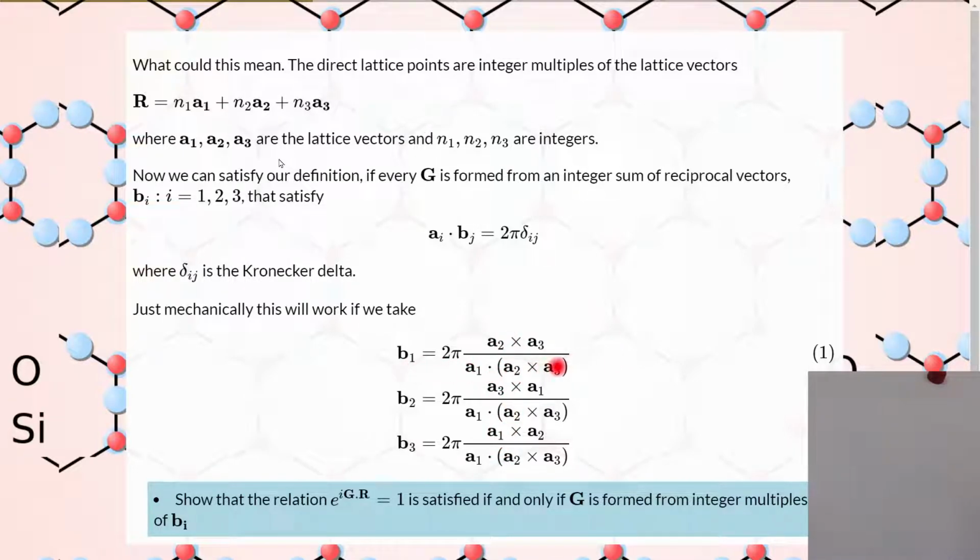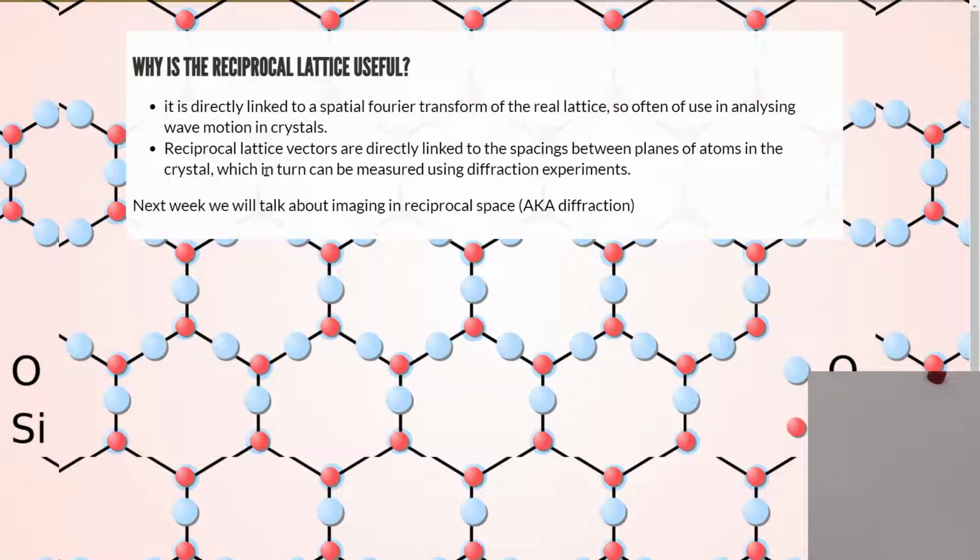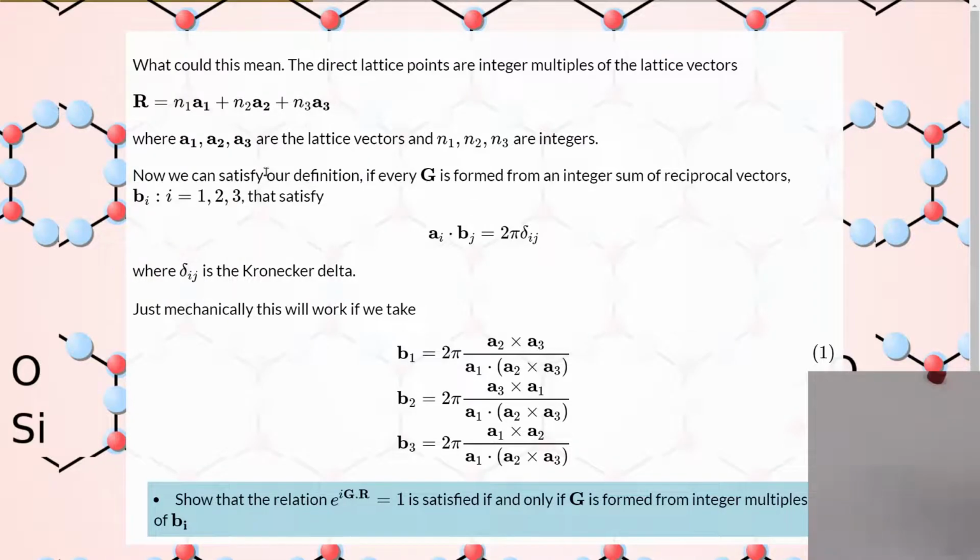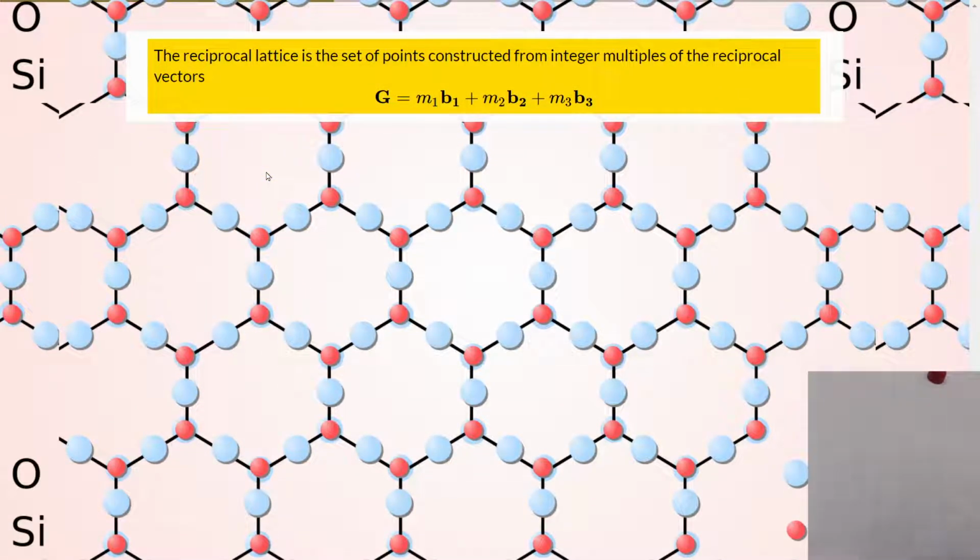This thing at the bottom is actually the volume of our cell, and this always generates something that's perpendicular. So there's a recipe to generate the individual reciprocal lattice vectors, and then we build up our G's from integer multiples of the reciprocal lattice vectors.